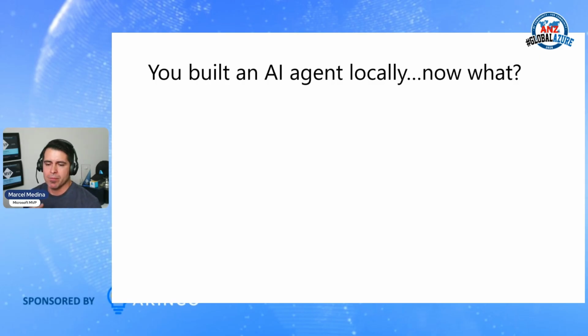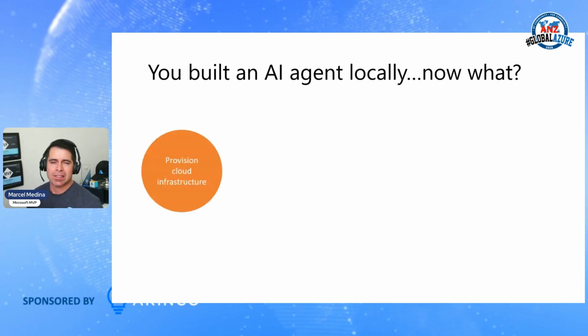And when you think about agents, how can I jump from my local to the cloud? That's the big question in here. There's a big gap from what works on your laptop to what's going to work in the cloud. Starting with provisioning the cloud infra.